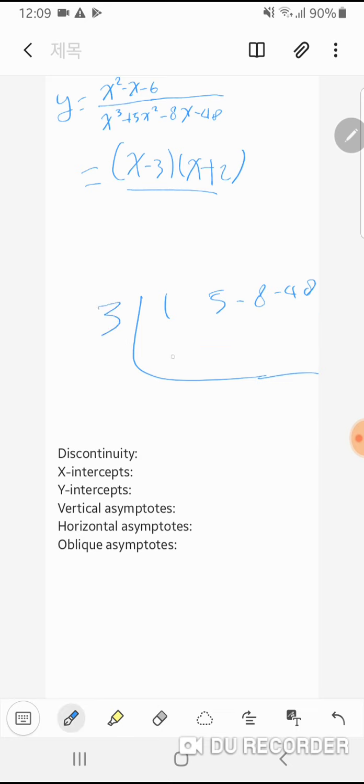If we put 3, 8, 24, 16, 48. Okay, so if we put 3, we will get 0, so x minus 3 is one of the factorings.